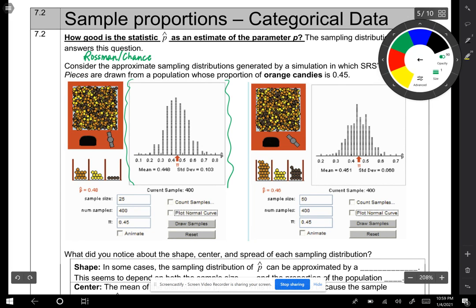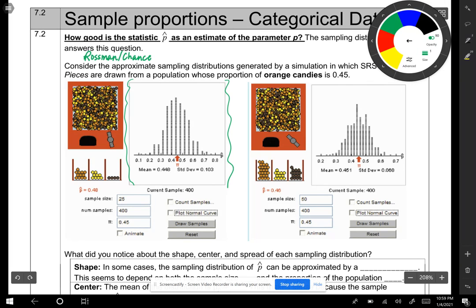On the right, the sample size has been increased to 50 candies at a time, and these are all done randomly, and the number of samples is still 400. The population proportion is 0.45 for both of them.